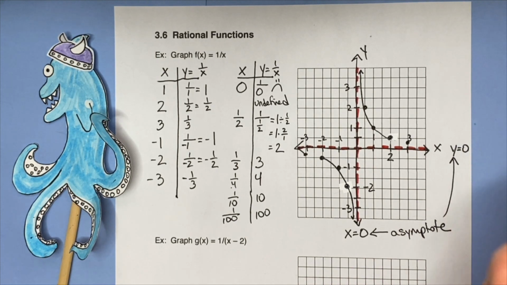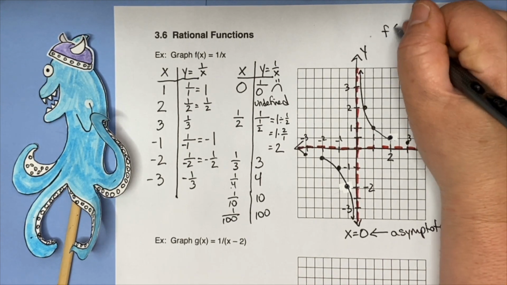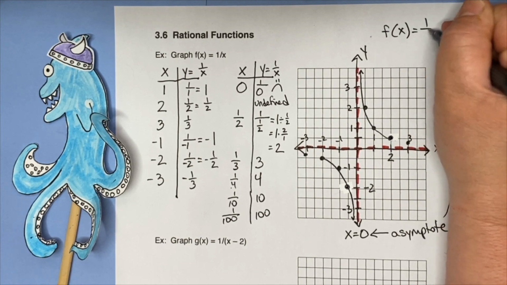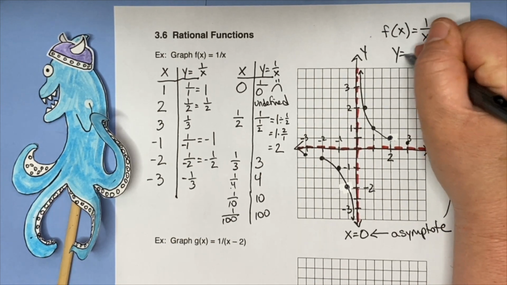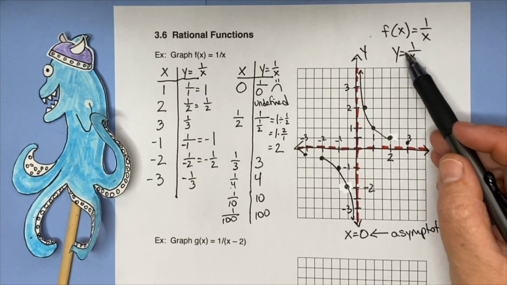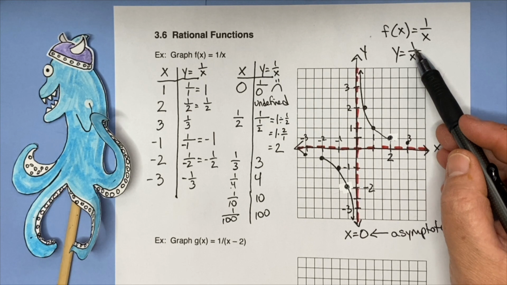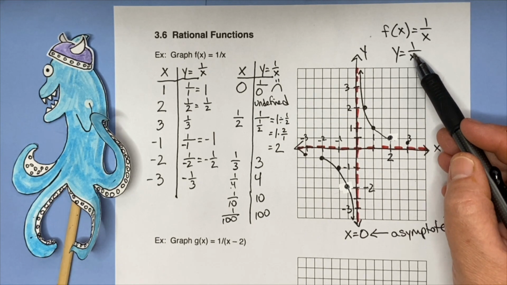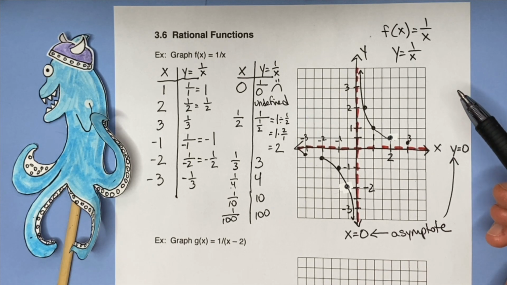And why is that? Well, if you've got the equation f of x equals 1/x, so y equals 1/x, can y be equal to 0? And the answer is no. y cannot be 0. Why can y not be 0? If you've got a fraction, the only way to set it equal to 0 is for the numerator to equal 0.